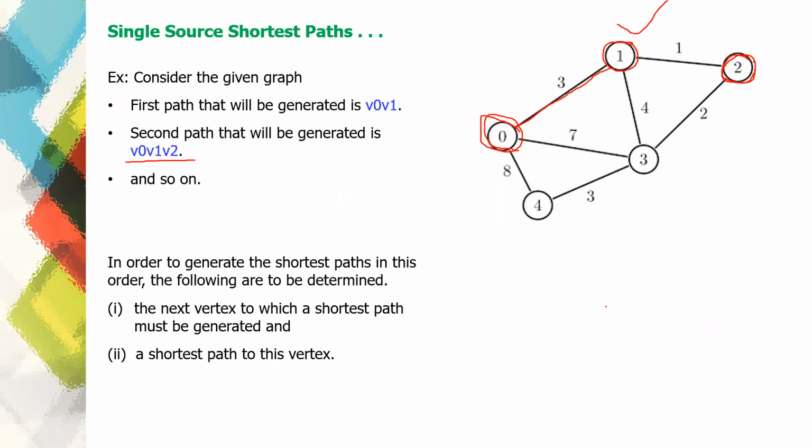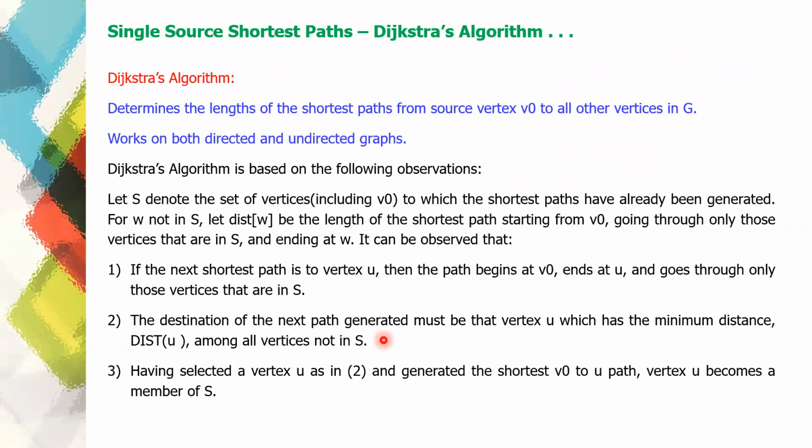So the steps here, in order to generate the shortest paths, are that you select the vertex which is nearest to the current vertex, and you generate a shortest path to this vertex. So this is your Dijkstra's algorithm.